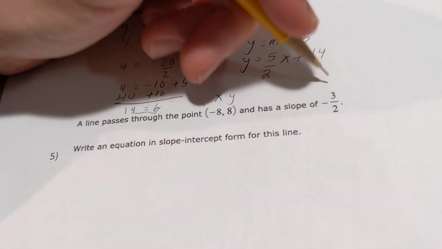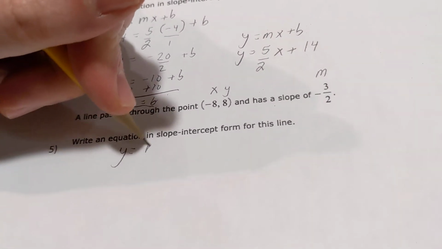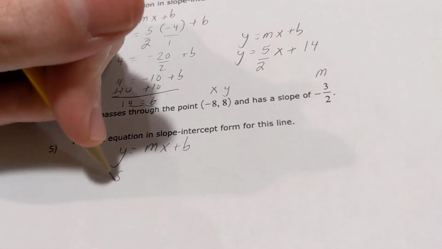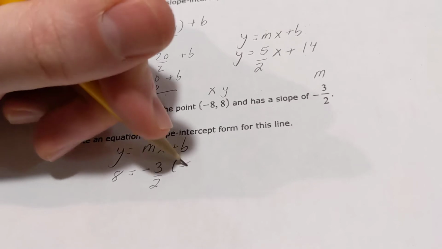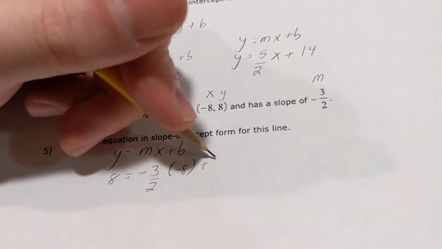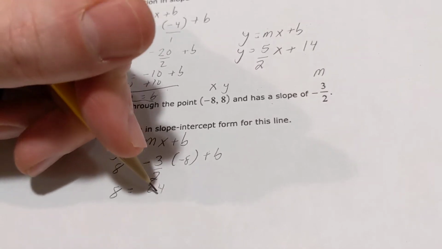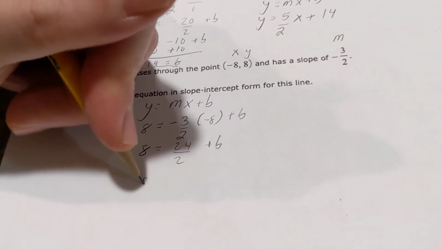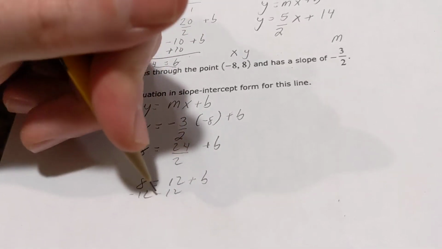Number 5, okay, same deal. X, y, m, y equals mx plus b. Right, so y is 8, -3/2 times -8 plus b equals 24/2 plus b. 8 equals 12 plus b, minus 12, minus 12.